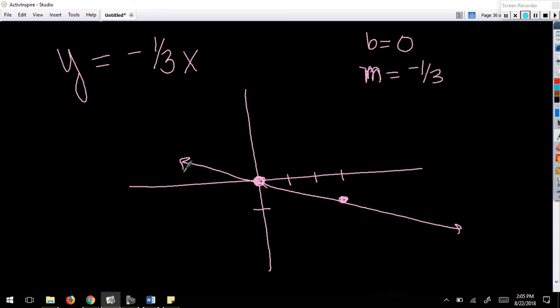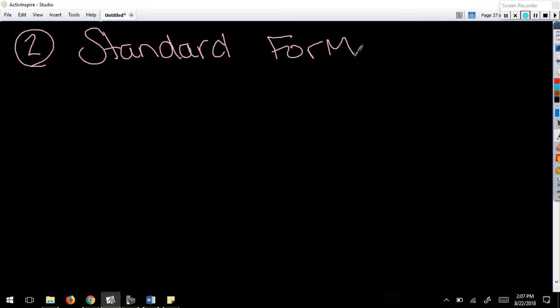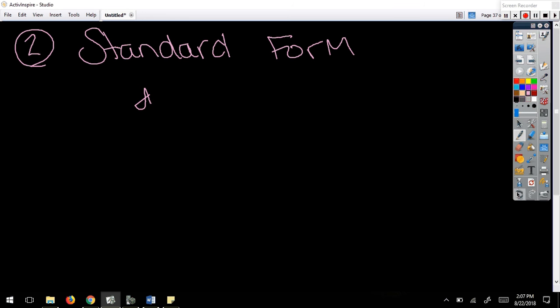Questions about slope-intercept form? We okay? Y'all ready to move to standard form? Okay, tell me. Standard form. How many of you remember standard form? Standard form does not look like that.